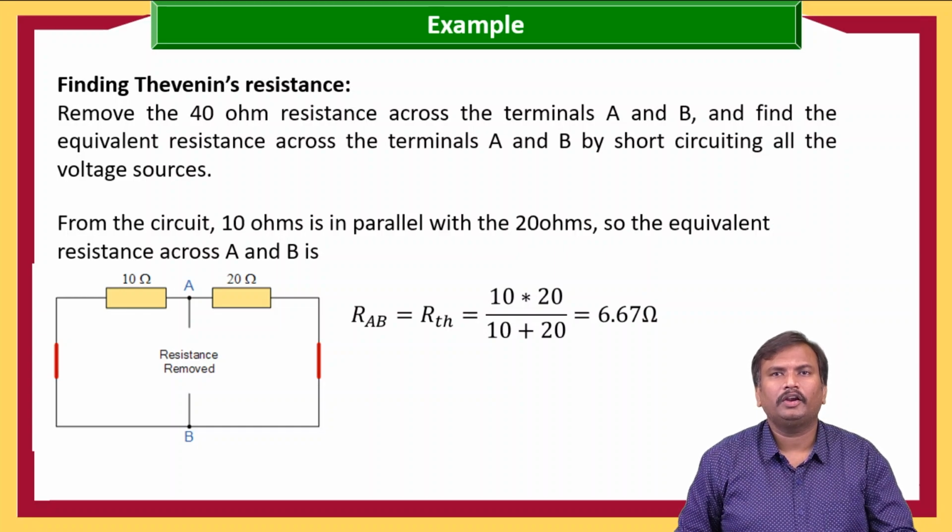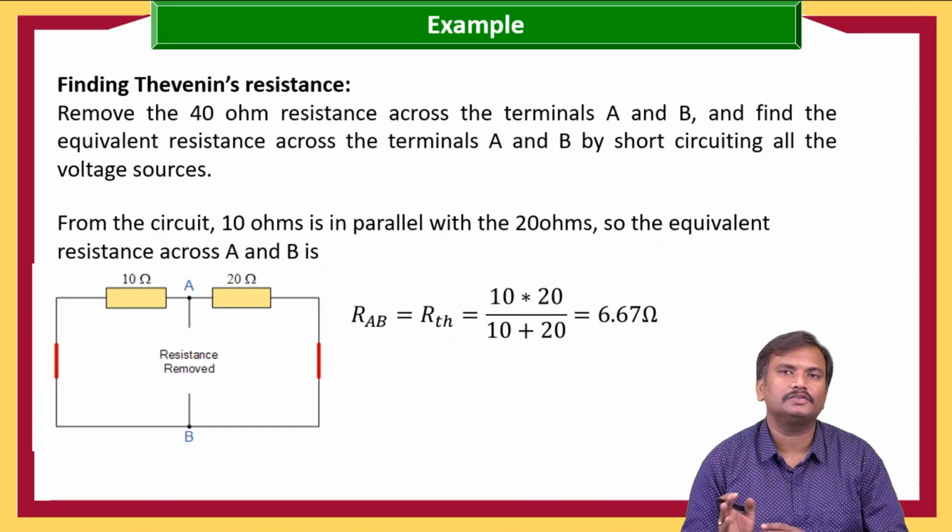Now we are going to calculate the Thevenin resistance. In order to calculate the Thevenin resistance, we need to remove the load resistance and make the sources non-operative. Making sources non-operative means voltage sources are replaced with short circuits and current sources are replaced with open circuits.